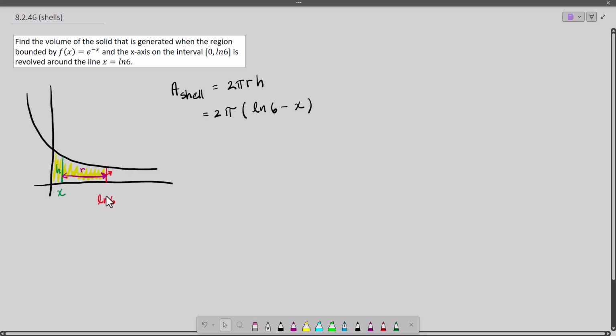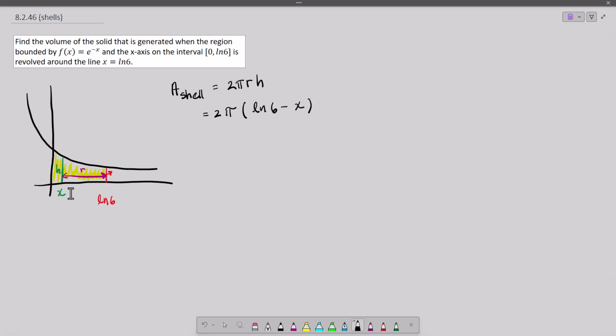So the right x value is ln6, the left x value is called x. So that distance right there is ln6 minus x. And then the height is the function, e to the negative x. All right, so there is our generic formula for the area of a shell. We now can integrate this to get volume.